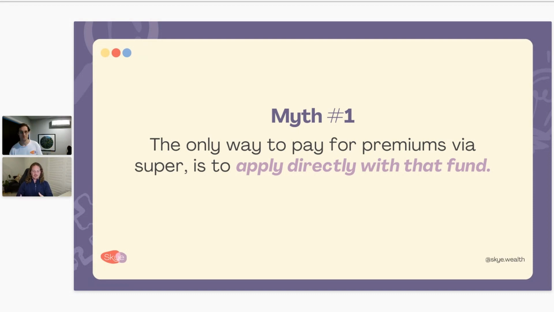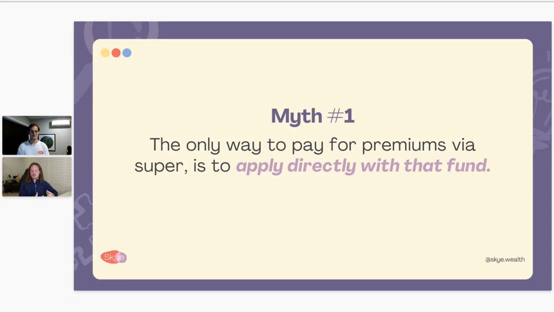My super fund may be with whoever the big super fund in Australia is, and their insurance provider may be TAL. Let's just name that: Australian Super uses TAL as the insurance provider. But I can set up an individual policy through any other insurance company, MLC, MetLife, whoever else, and I can still get Australian Super to fund that policy.